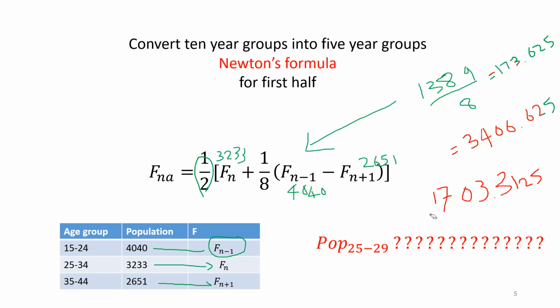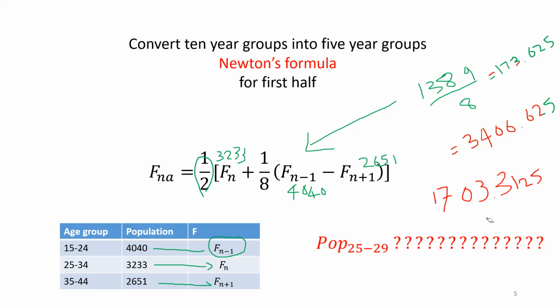The answer is 1703.3125. So I received correct answers from some students. So this is the way of simplifying this equation. You can try it again leisurely by using some different values in this one.